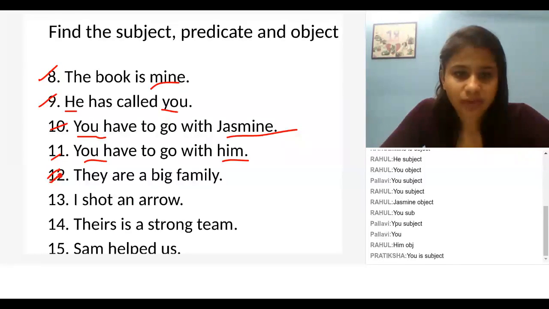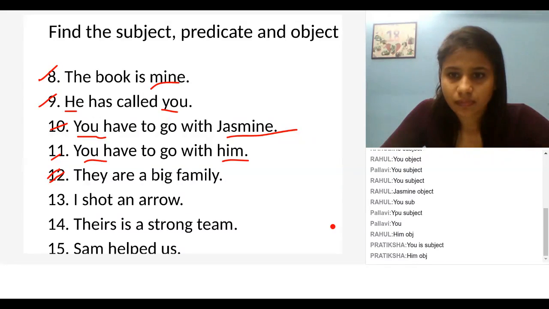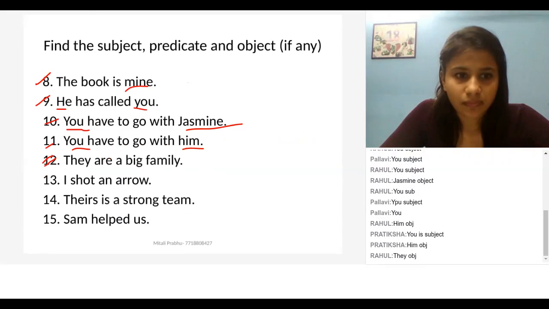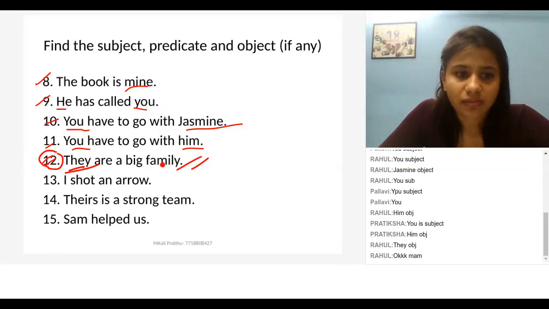Now 12th one, be careful with this one. See, in this one, Rahul, there is no object in this case. This is just a subject and predicate. We are not introducing anyone, so there is no object. 13th one.